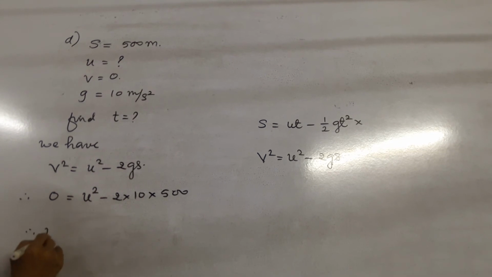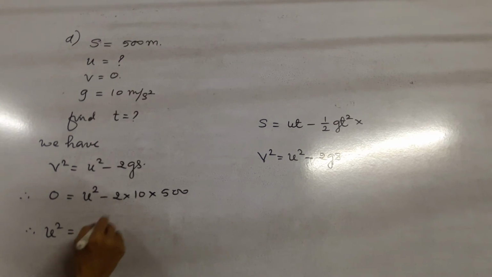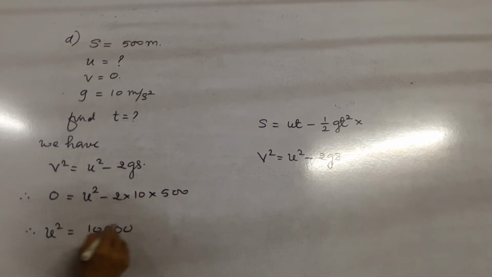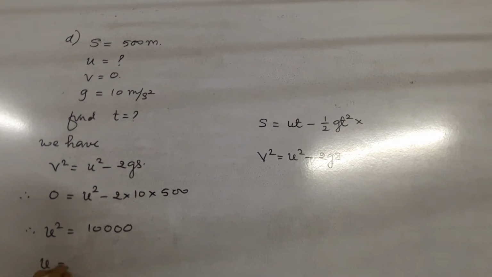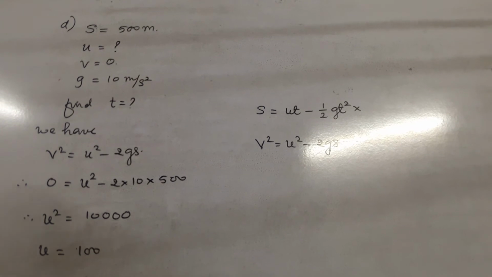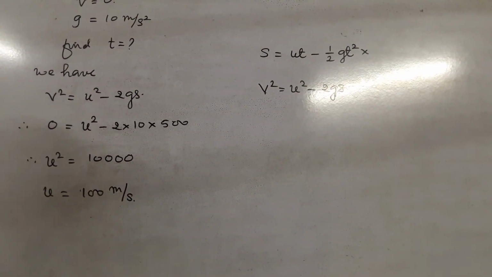And therefore u square equal to, this number is negative, will come positive this side. So we get 2 into 10 into 500, so 3 zeros will come, 1, 2, 3, and 5 to the 10. And therefore u is equal to, taking square root, 100. And therefore initial velocity is 100 meter per second.